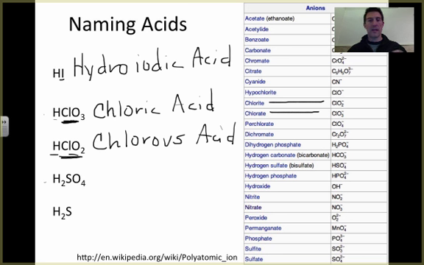Next one. I see a hydrogen at the front, and that throws up a red flag. I see an oxygen, that throws up a red flag, and now people get concerned because they see two hydrogens. They think they need to put dihydro. You don't have to. This is an acid, so you follow the rules for naming an acid. Because there's an oxygen, I don't even have to put hydro at the front.